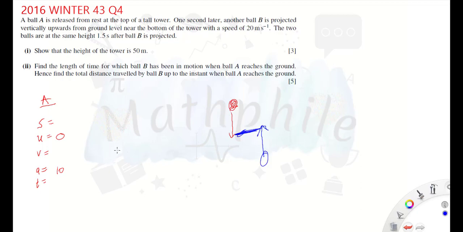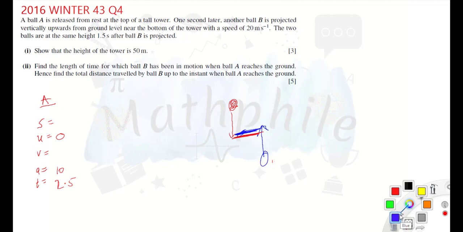So the time T when they are at the same level is 2.5 seconds for ball A. That is the time it has traveled, since B was projected 1 second later and took 1.5 seconds to reach the same level. So there's 2.5 for A.